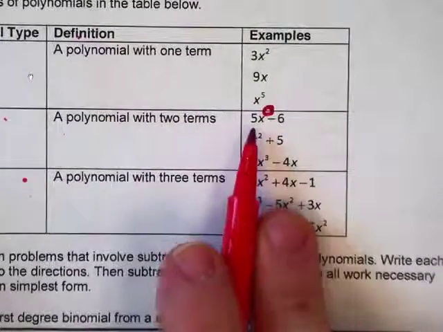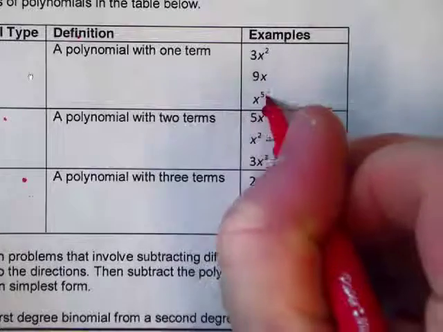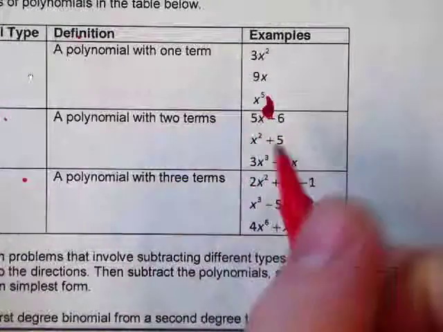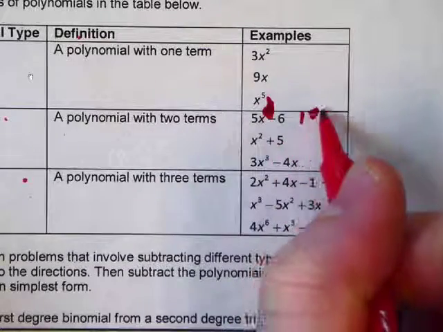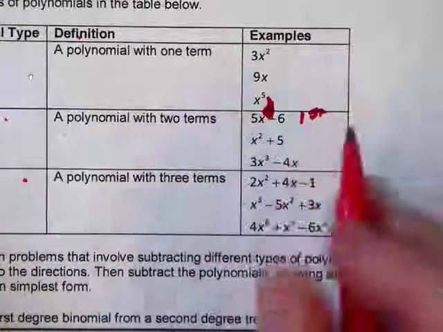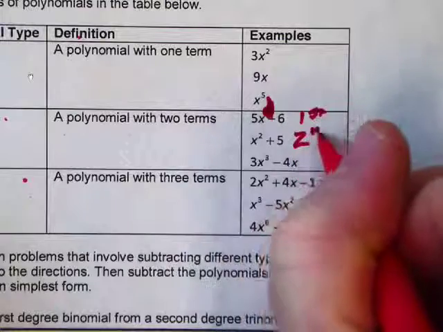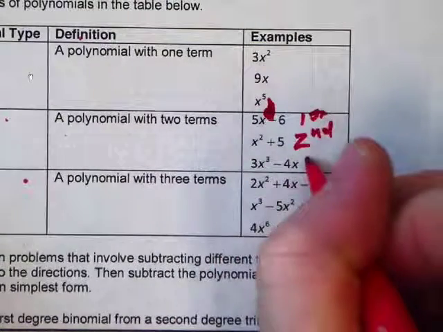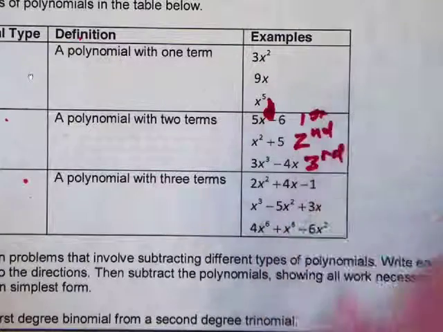So right there we have 5x to the 1. I was circling it, not writing 0. 5x to the 1, so that's a first degree. We have a 2, so that would be a second degree. 3x cubed, that would be a third degree.